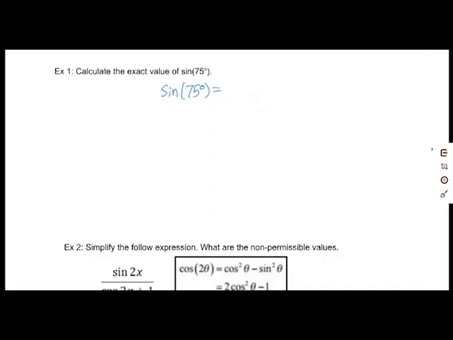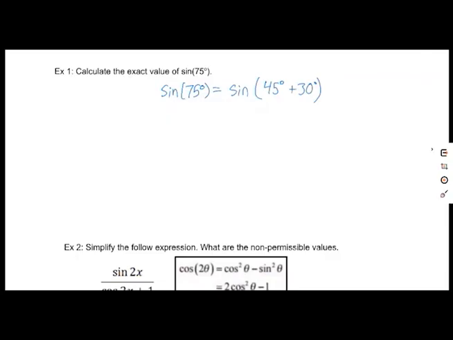What I need to think about is splitting up 75 degrees into two angles that I could find on the unit circle. Hopefully we'll see right away that I could rewrite 75 as a sum of 45 and 30.